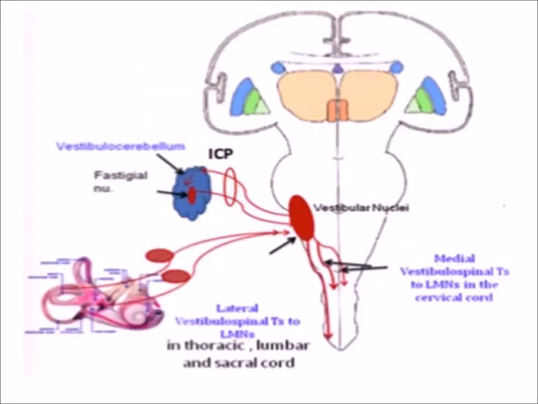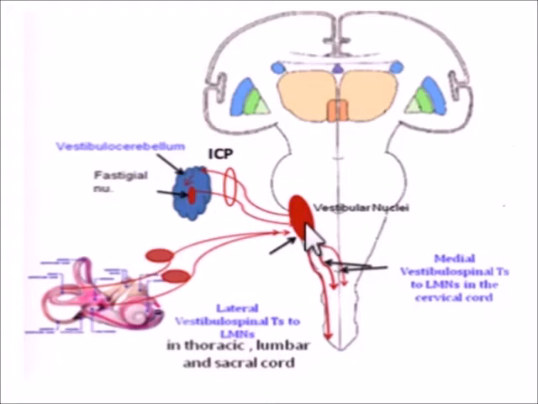As I said, the vestibular nerve receives its fibers from the vestibular apparatus in the internal ear, and then the vestibular nerve passes through the internal acoustic canal and reaches the vestibular nuclei in the upper part of the medulla.